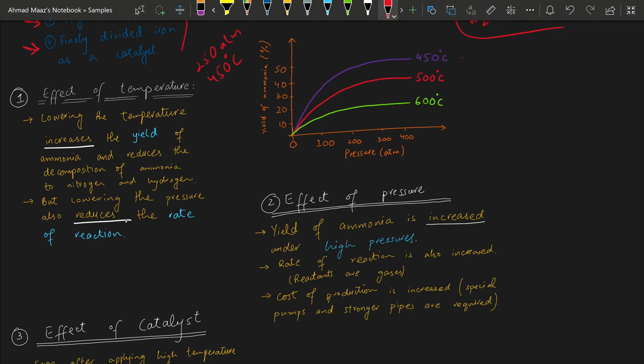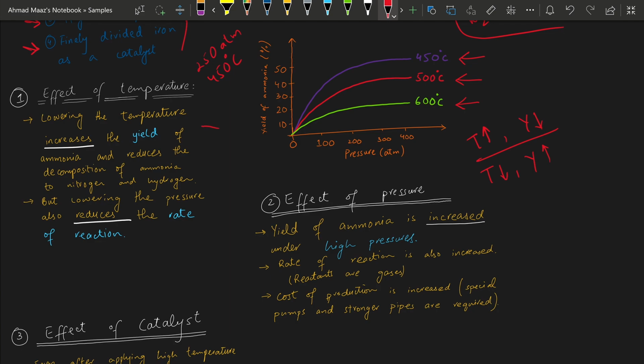If you look at the temperatures, you'll notice that increasing the temperature actually decreases the yield of ammonia gas. Which means that if the temperature is low, the yield of ammonia will be higher.